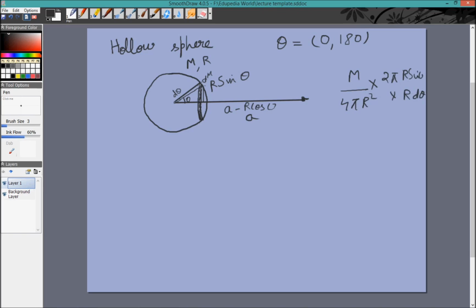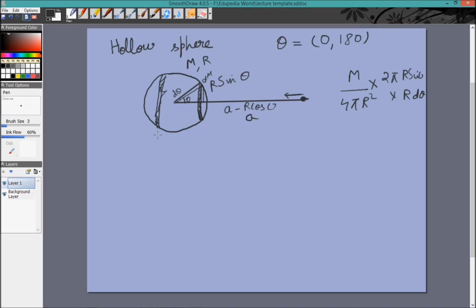You write the gravitational field due to this ring at this point. We know that it will point towards the left because that's what we calculated earlier. That means all these rings, every one of them, will have a different magnitude of gravitational field, but they'll all act in the same direction. We can add them up and we'll get the total gravitational field.